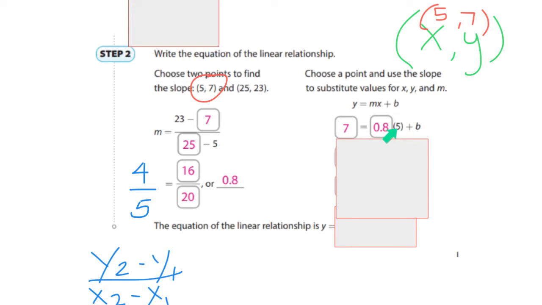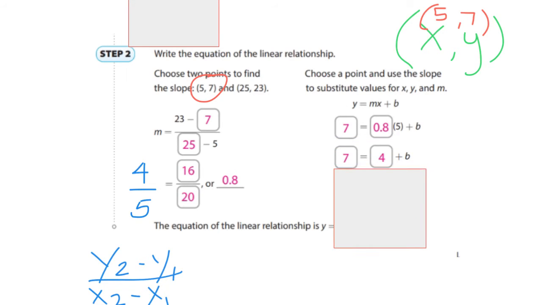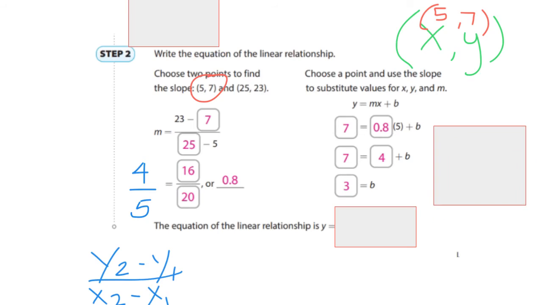So you'd multiply here. 8/10 times 5 is 4. Then simplifying, you'd add -4 to both sides. You add the opposite of +4, and you get your intercept as 3. So you have both pieces that you need: the slope and the intercept.